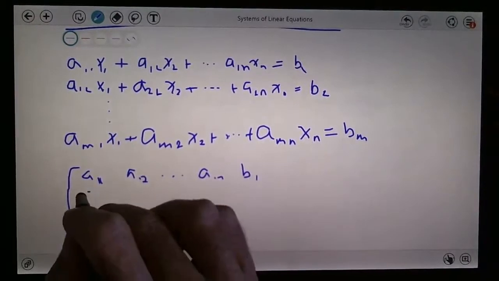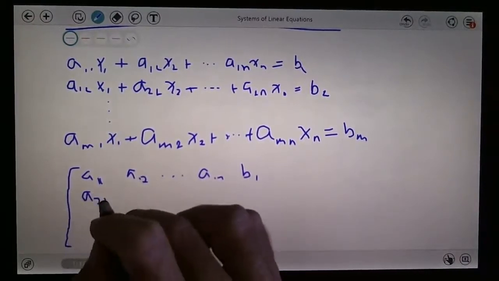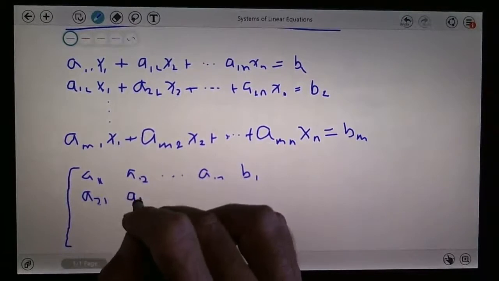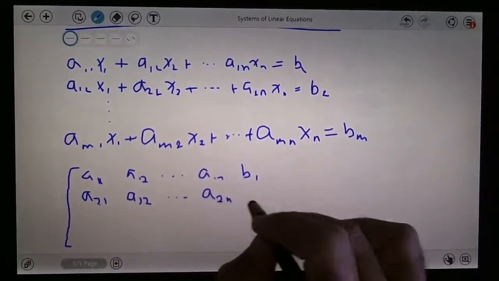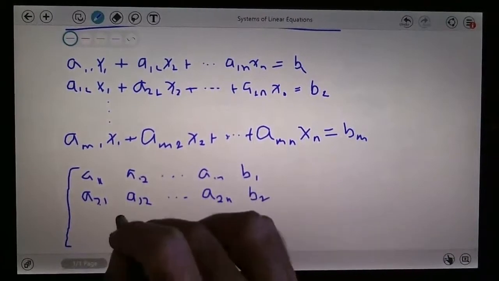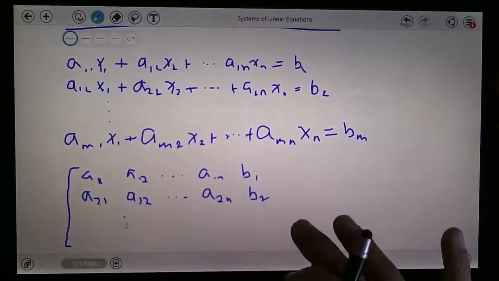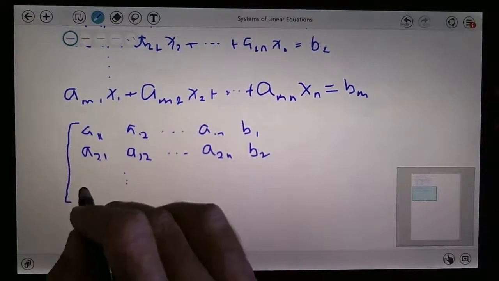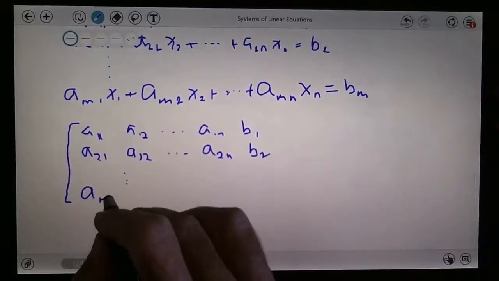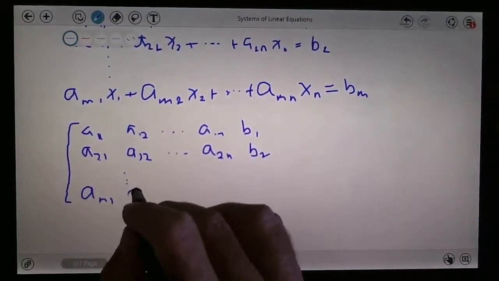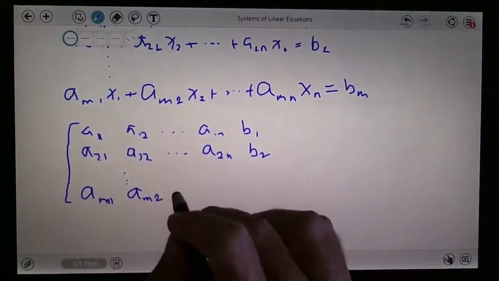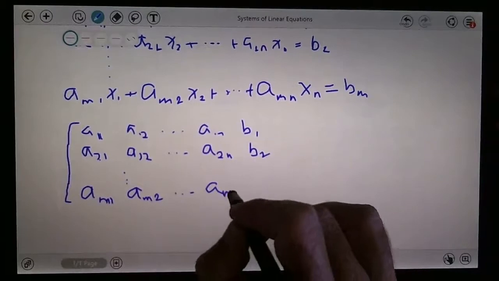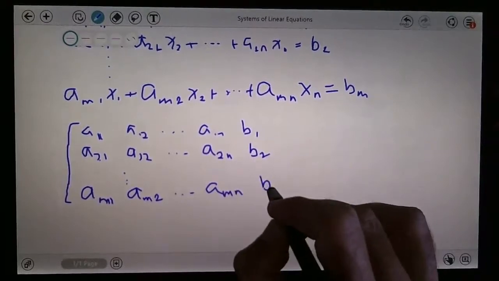And then the next row would be a21, a22, all the way up to a2n, and then that's b2, and then all the way down to the very last one, which would be am1, am2, all the way up to amn, and then bm.